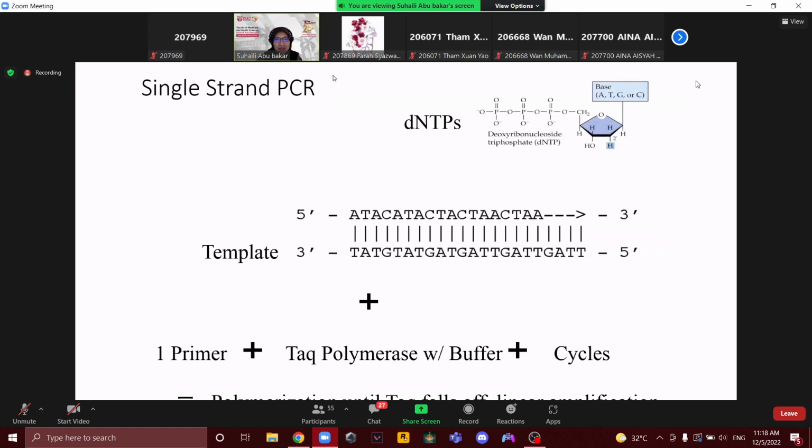The picture. Alright. So single strand PCR together with the dNTP. This is the dNTP base, either A, T, G or C, with the template plus primer. One primer only. Nampak tak? One primer only. Ini single strand PCR untuk sequencing. Dengar ni. Saya tekankan kenapa?